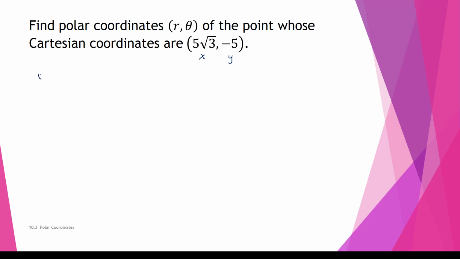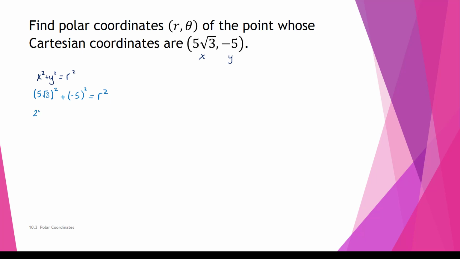We also know that x squared plus y squared equals r squared. So that tells us that 5 times the square root 3 squared plus -5 squared equals r squared.